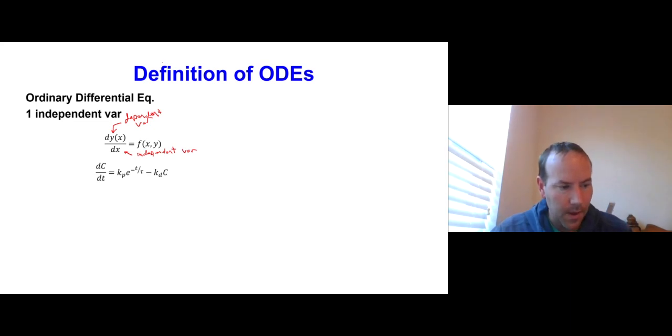Okay, and if you look at this next differential equation, we see that again, time is the independent variable, whereas c is the dependent variable.